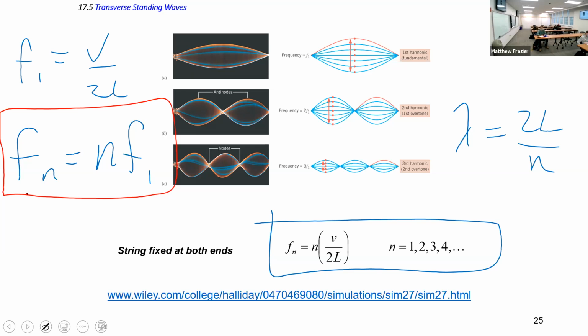And there is another formula that I want to put in here. And that is, if you know two harmonics that are next to each other, or if you know like the third and the fourth, then you can write the fundamental frequency is the nth one minus the n minus 1.